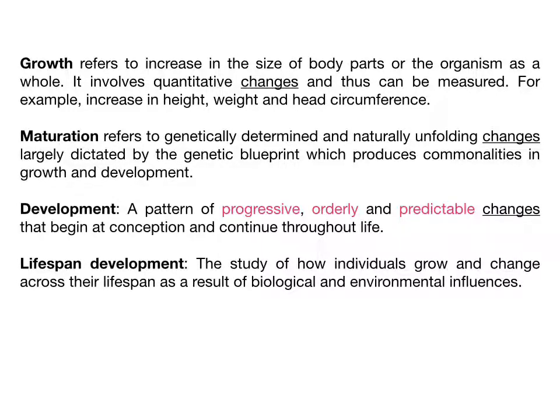Coming to maturation, maturation refers to genetically determined and naturally unfolding changes largely dictated by the genetic blueprint, which produces commonalities in growth and development. Now, maturation has two aspects. One, the basic thing is that maturation happens because of a genetic imprinting.